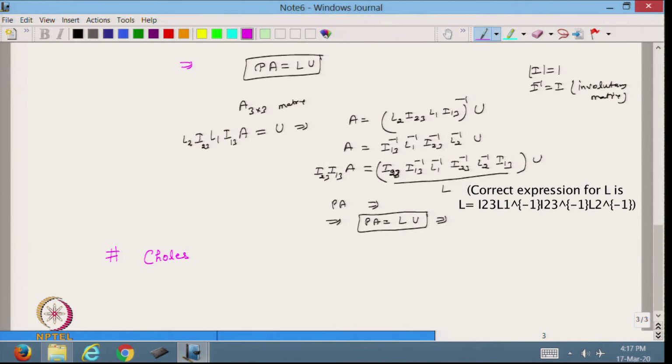Cholesky method. So, what is going to happen in the Cholesky method? If I take a matrix A, an n by n matrix, and this matrix is symmetric and positive definite.